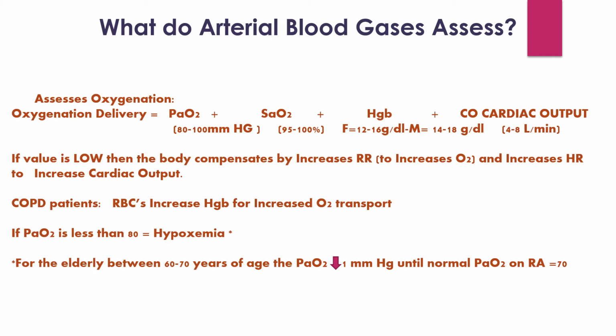If your PaO2 is less than 80, you have hypoxemia. For elderly between ages 60 to 70, the PaO2 will start to decrease until it stays around 70. So as we age, it's not going to be 80 anymore, it's going to be closer to 70, and that will be their normal.